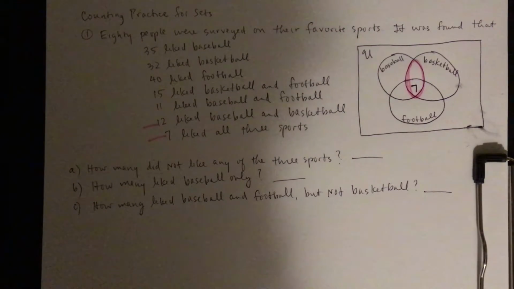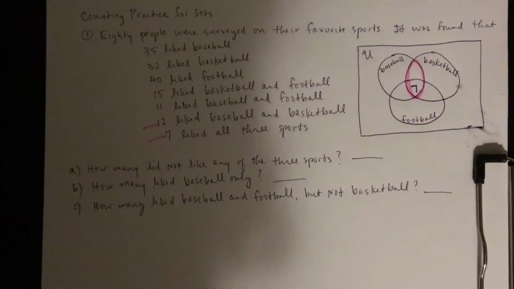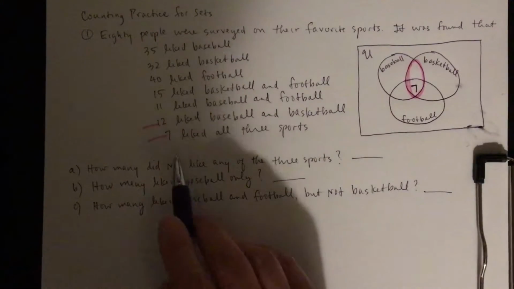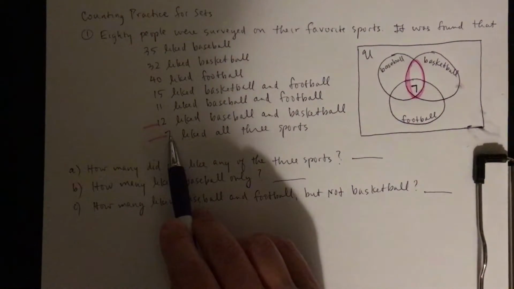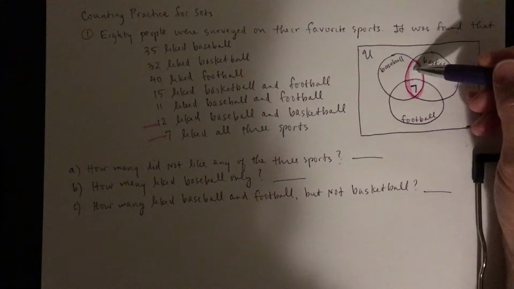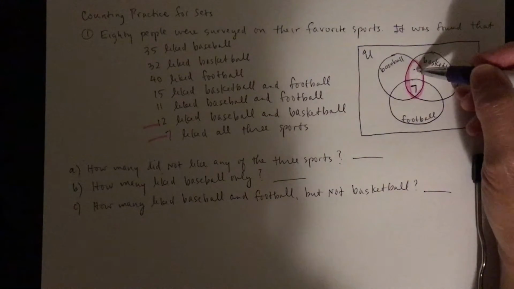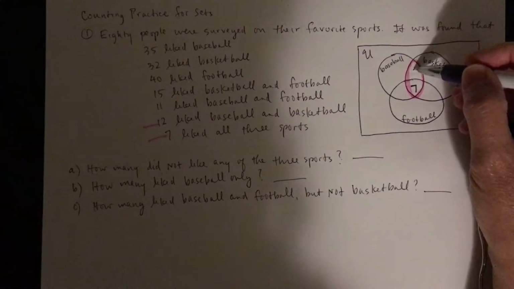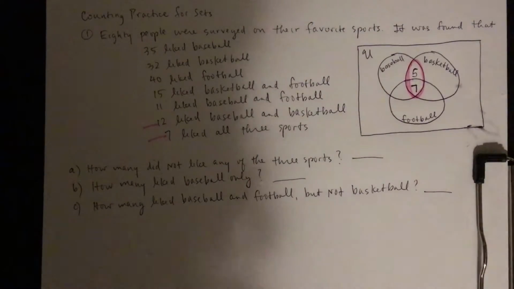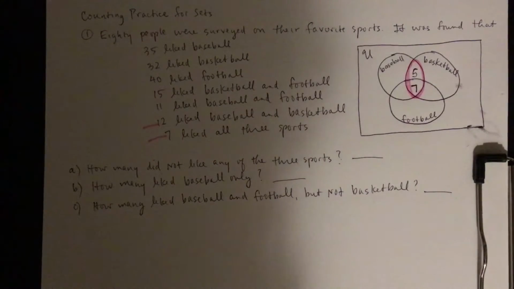Those 7 people liked baseball and basketball along with football, but they also liked baseball and basketball. So we have to be careful not to count them twice. For this part of the Venn diagram right here, you have to think 12 minus 7 is 5. So 5 people liked baseball and basketball, but not football.